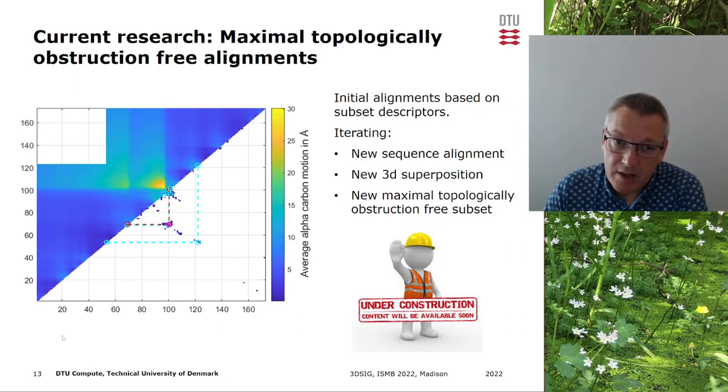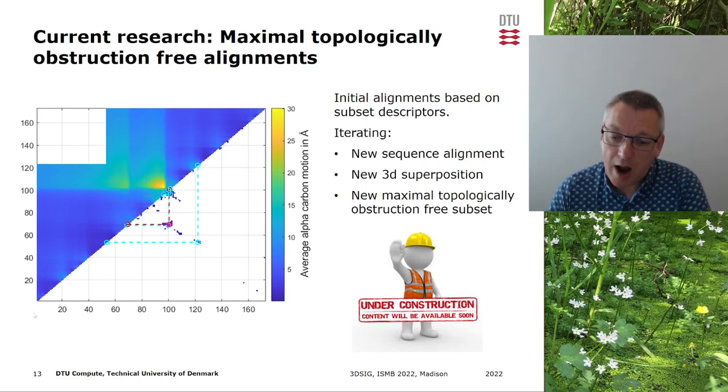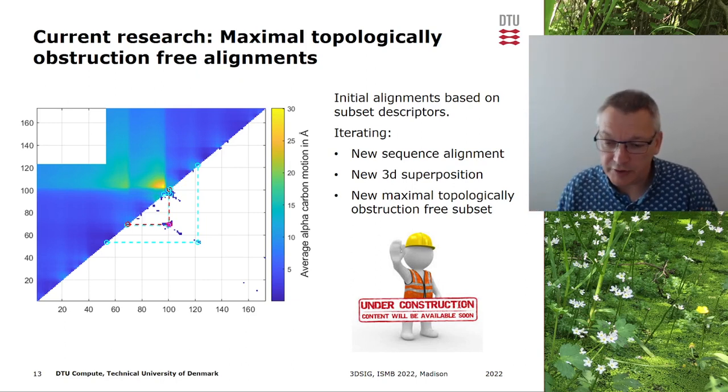In this work, we look for how big parts of the protein we can actually align such that we can remove all the topological obstructions using the omega moves.